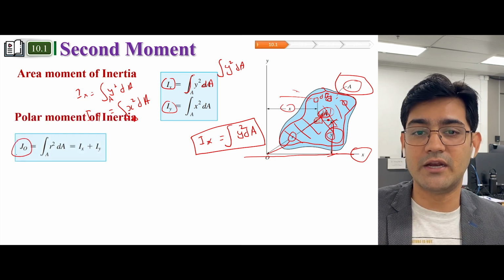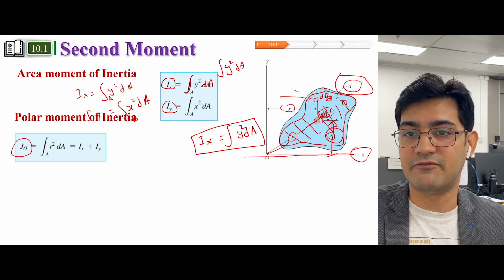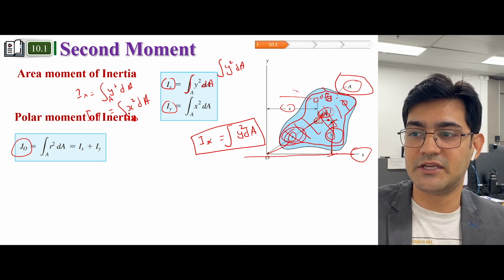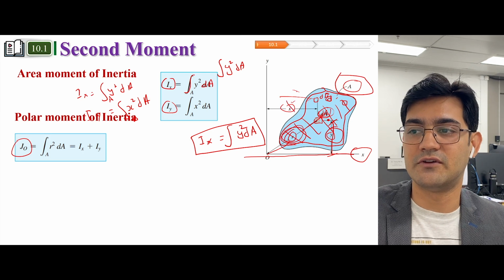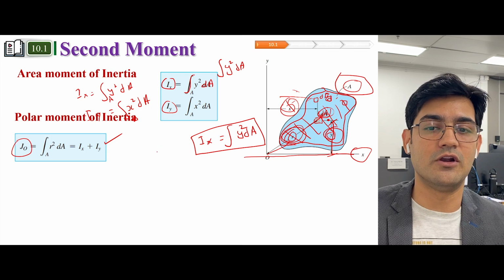Similarly, we can also calculate the polar moment of inertia if we are interested in defining the moment of inertia by using r instead of x and y. Then we can use this formula to calculate it.